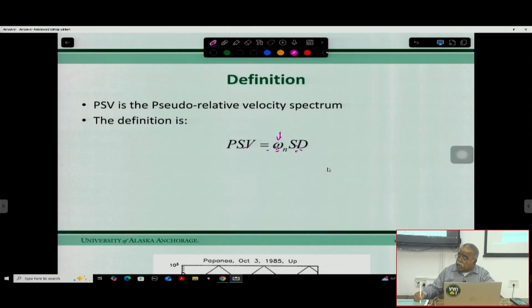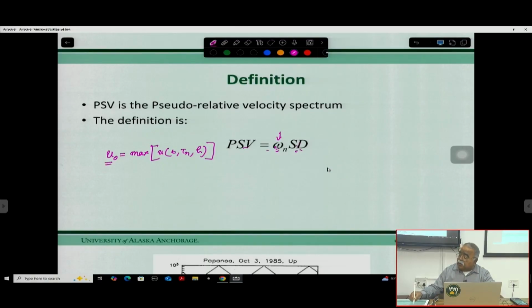We calculate U0 as the maximum value for a particular Tn, a particular H value. You give that and calculate your U0 for each time period.